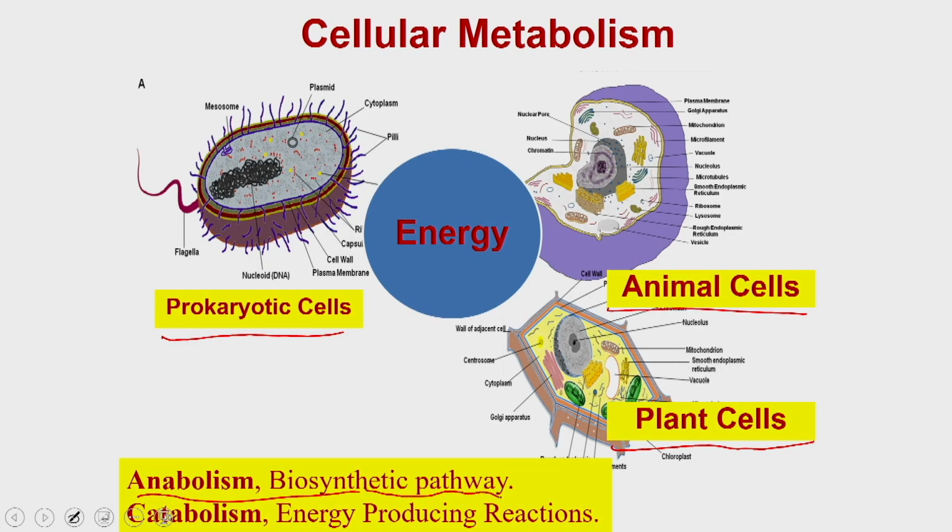Anabolic reactions are the reactions in which new biomolecules are synthesized, whereas catabolic reactions are the energy producing reactions, which means in catabolic reactions you generate ATP by the breakdown of biomolecules, and then you use this ATP for running the life cycle or the different activities within the cell.